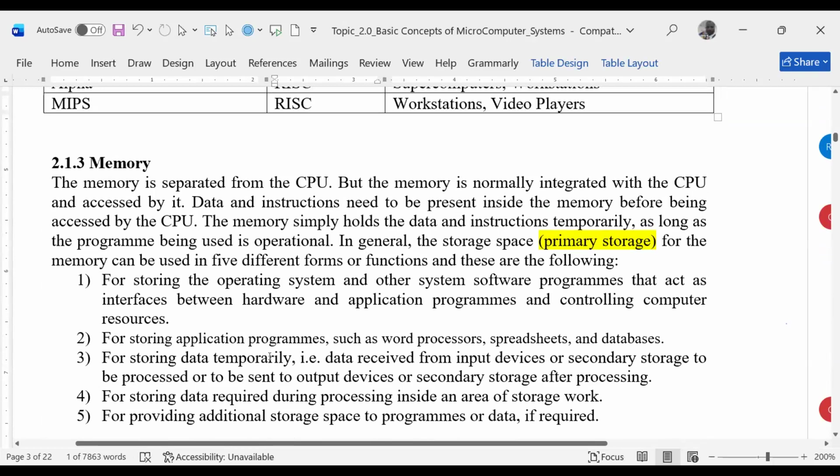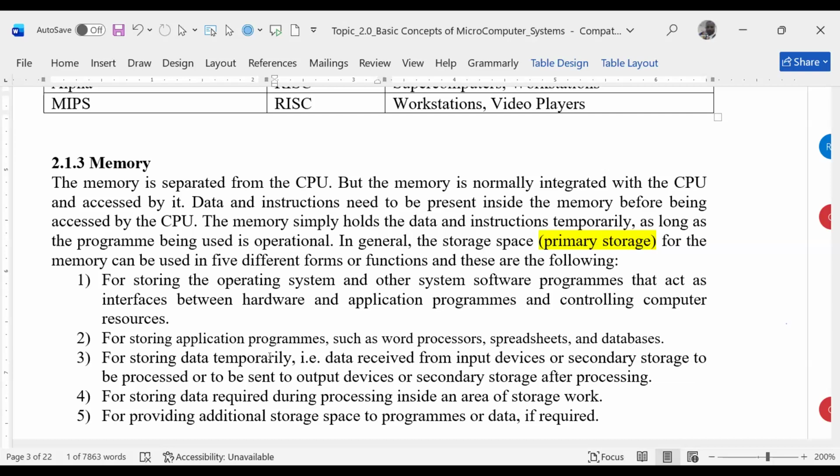Another name for memory is primary storage, main memory, or system-oriented storage. So in computing, when you hear primary storage, main memory, system-oriented storage, volatile memory, they refer to this type of memory.